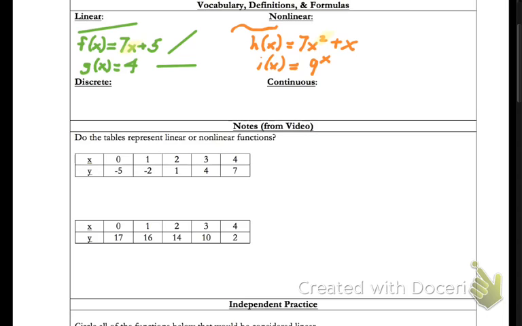Now, from time to time, we're also going to talk about these words discrete and continuous. Discrete means we've got a domain made up of separated or disconnected values. For example, discrete might have a graph that looks a little something like this.